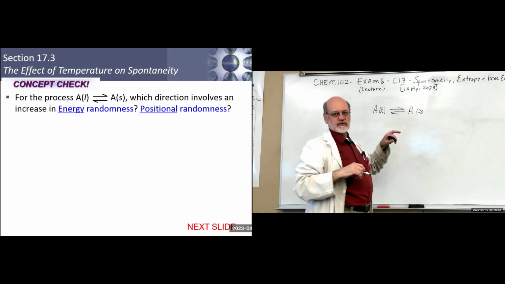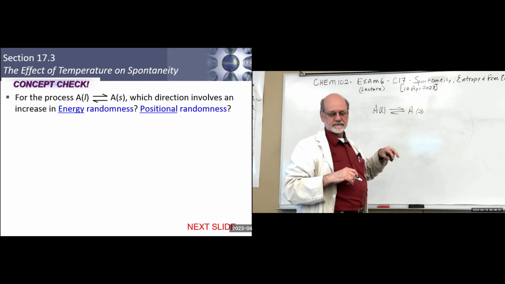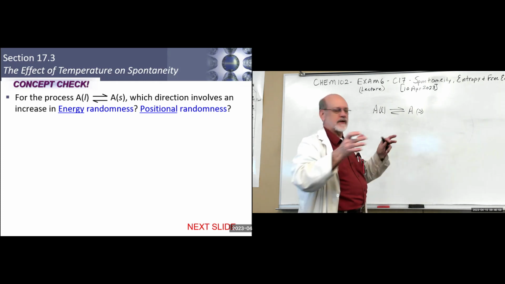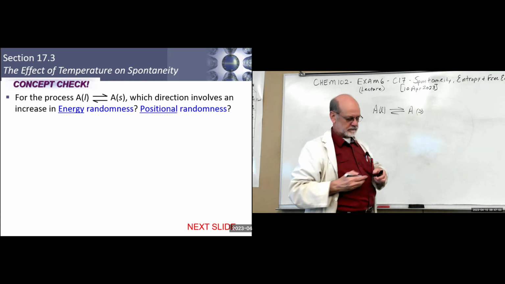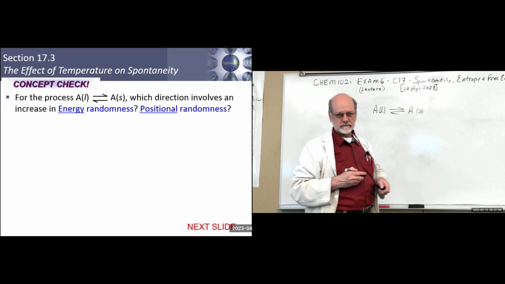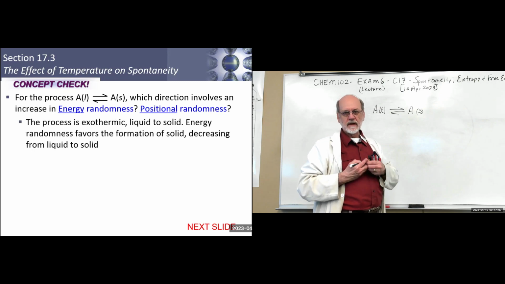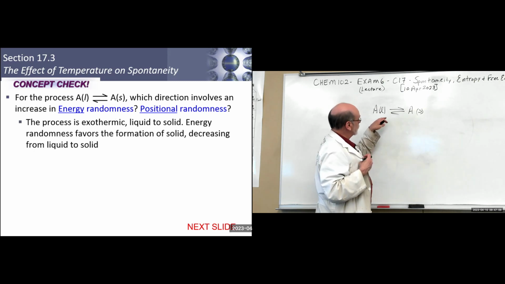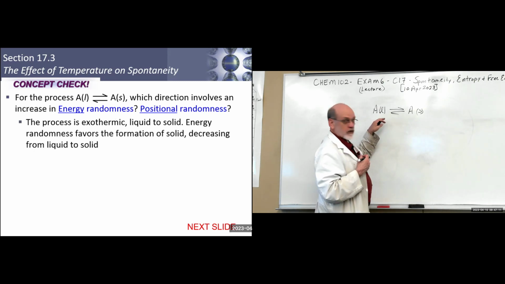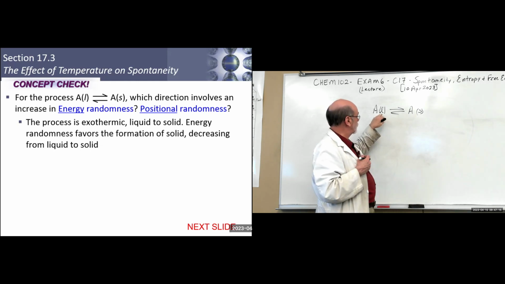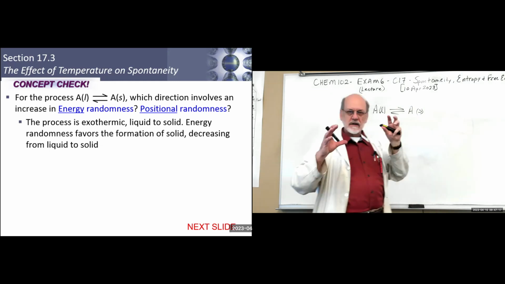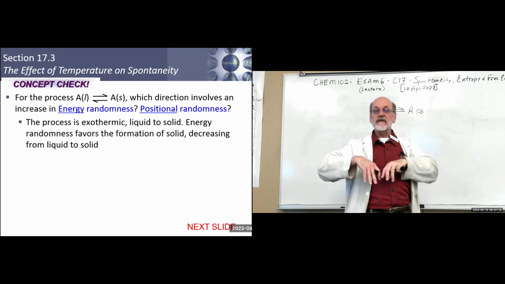How about positional randomness? I know it's energy randomness first. Okay, we'll take energy randomness first. So we know that when we go from left to right, when we go from liquid to solid, we're exothermic, we're giving off energy.